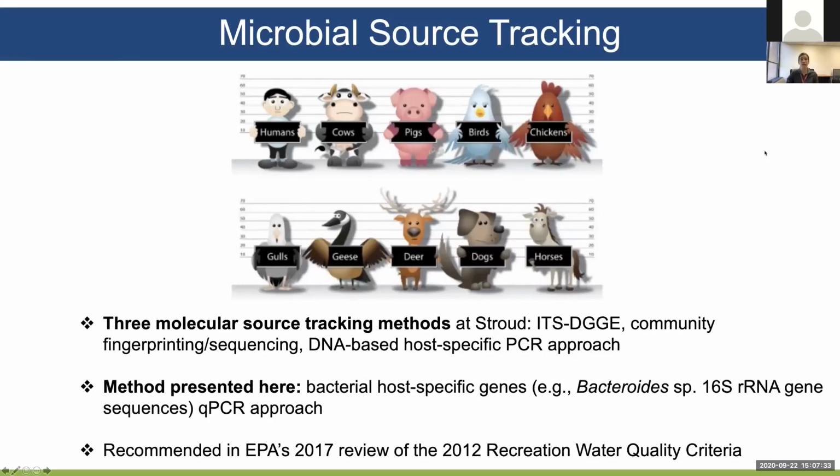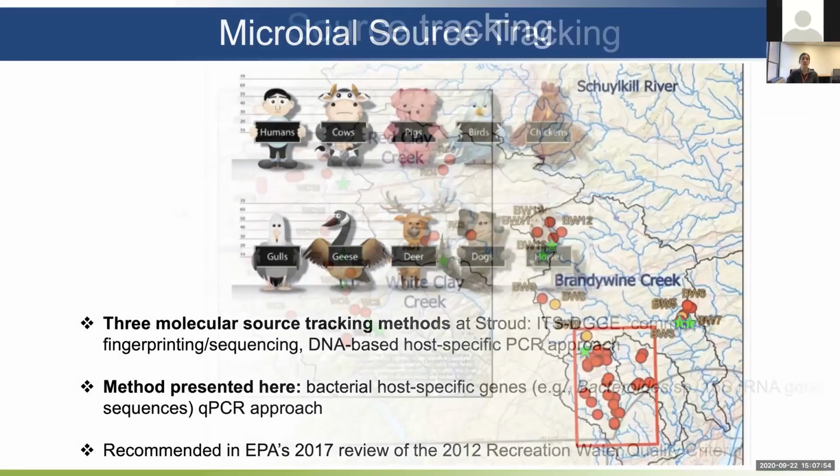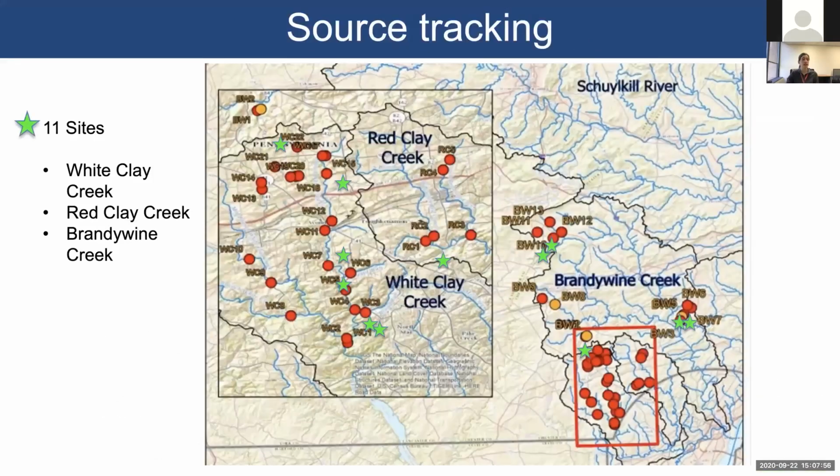And there are lots of different choices for source tracking methods. So we use a number of them at Stroud Water Research Center. And I'll just briefly go through some work that was done on primers targeting bacteroides, bacteria that are specific to each host organism. So for this study, they used 11 sites in the White Clay, Red Clay, and Brandywine creeks.